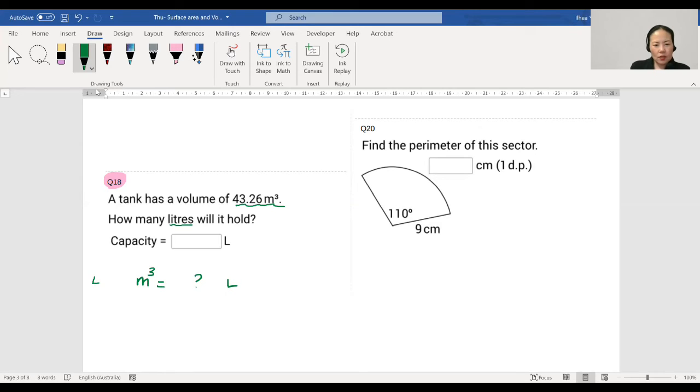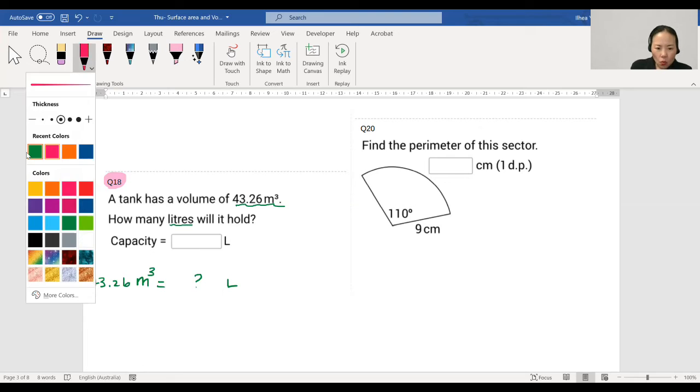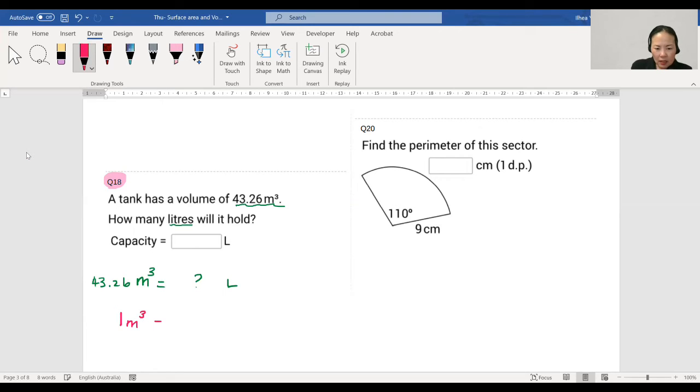43.26 cubic meters to something liters. So we need to think about what 1 cubic meter equals how many liters. I'm just going to write it here. So 1 cubic meter equals 1,000 liters.